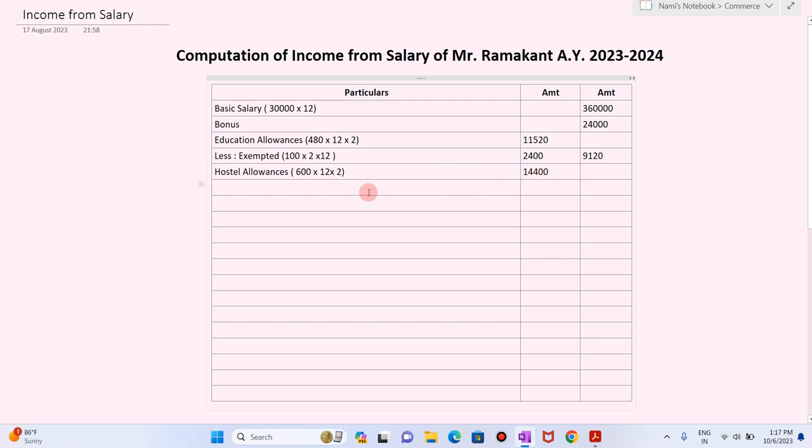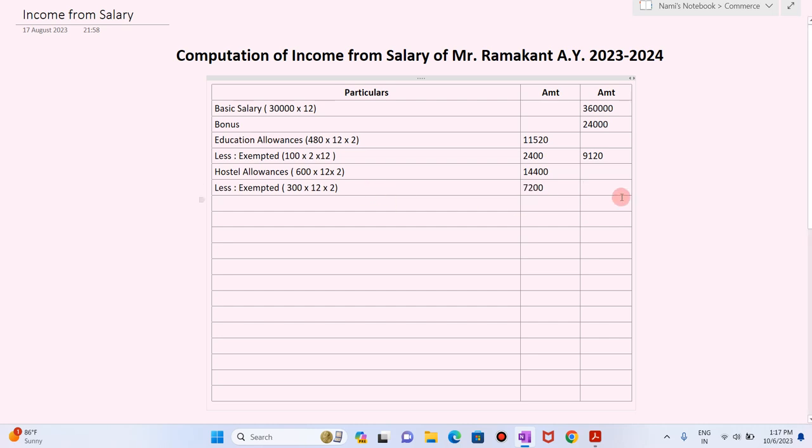From this, how much is exempted? Less exempted is for per child 300 rupees multiply by 12 multiply by 2, we get 7,200.